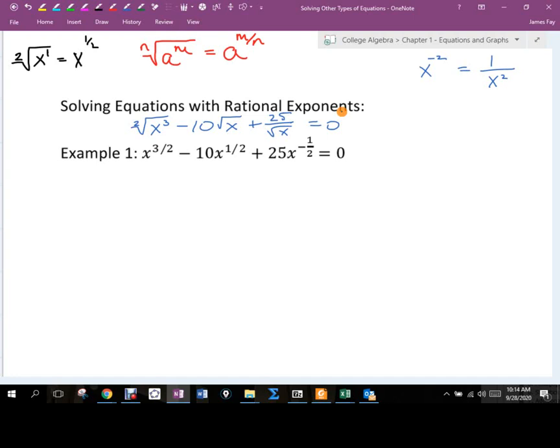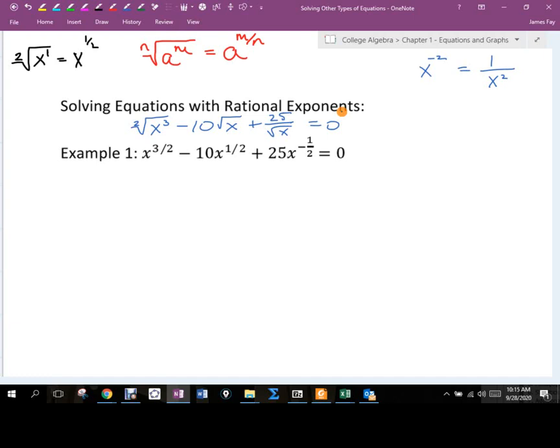One thing right there, I automatically know when I'm done, there is one particular value that will not work here. What value? And we know that x's can't be negative because you can't take square roots of negative, right? What is the other issue that we have? 0. If x was 0, and that 25 times x to the negative 1/2, or in better version, 25 over square root of x, if x was 0, we have square root of 0, right?